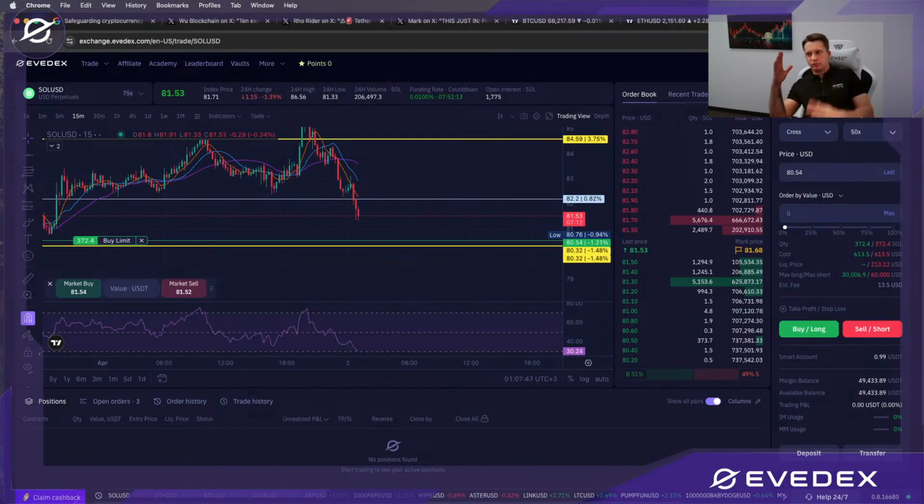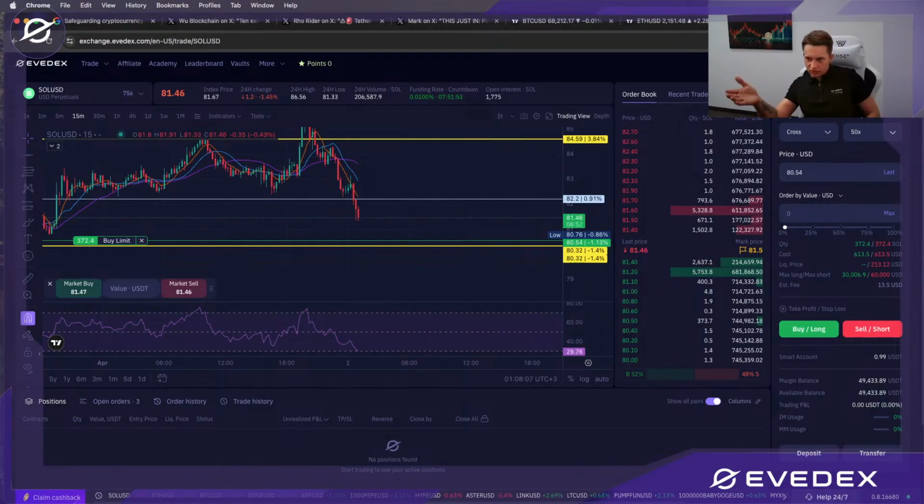A limit order is pretty much a market order where you set a limit, and once the price comes to that limit, either bullish or bearish, depending on what you've analysed, that limit order will be taken once the price comes to your desired level.